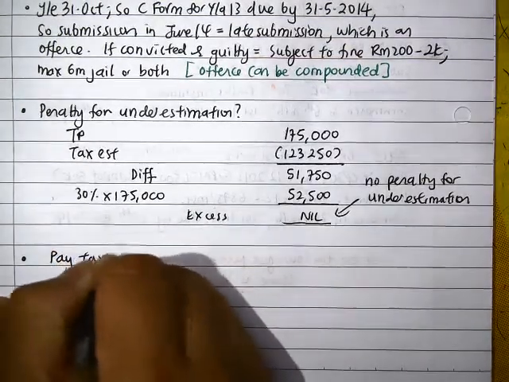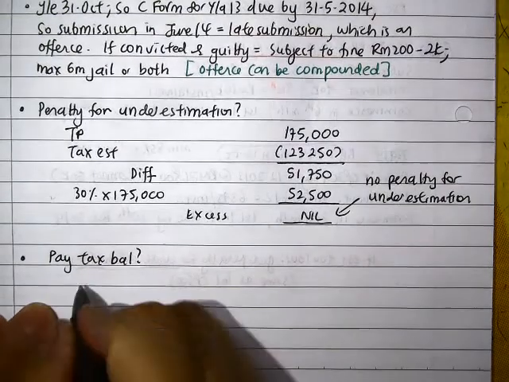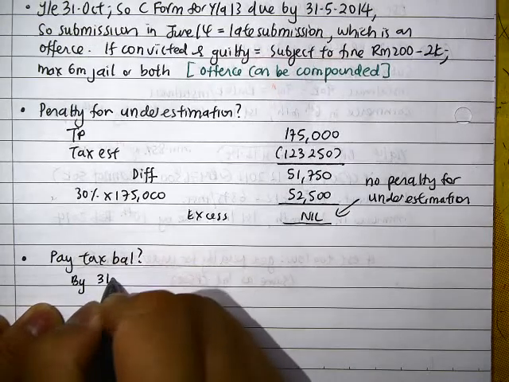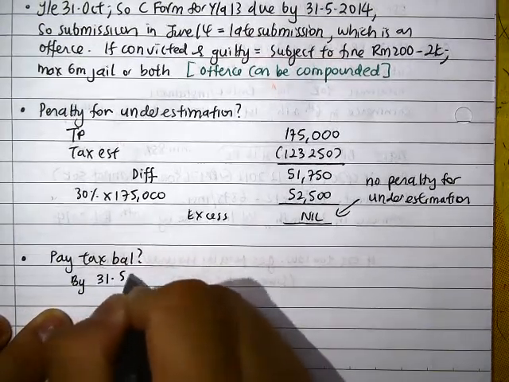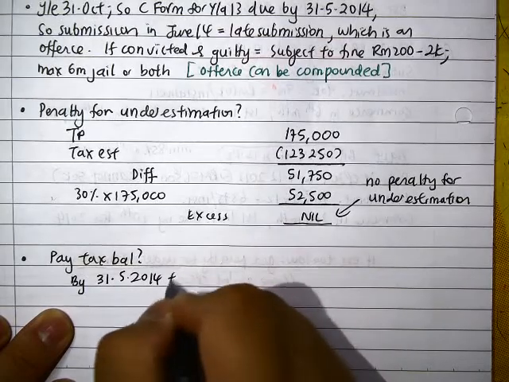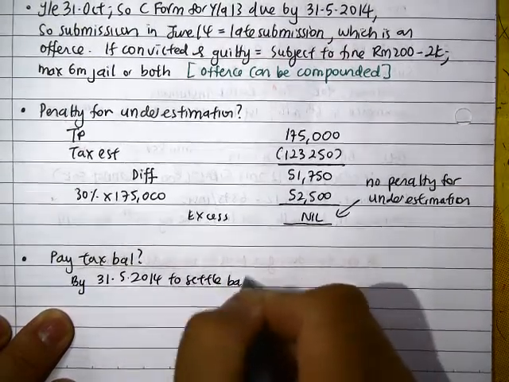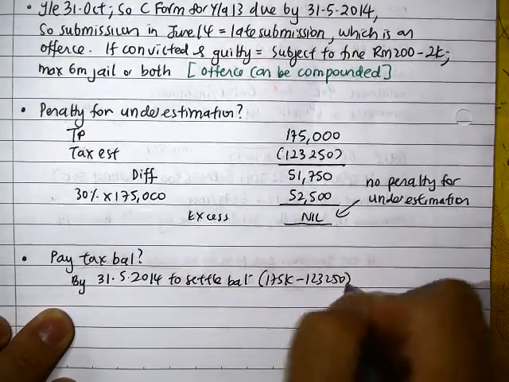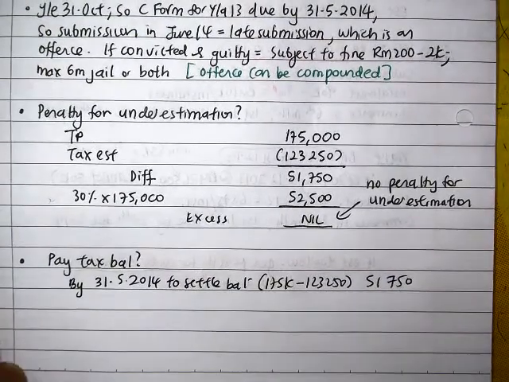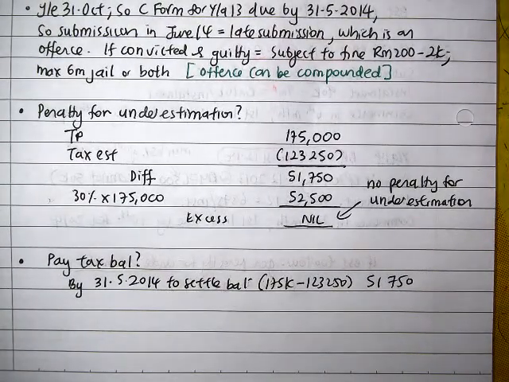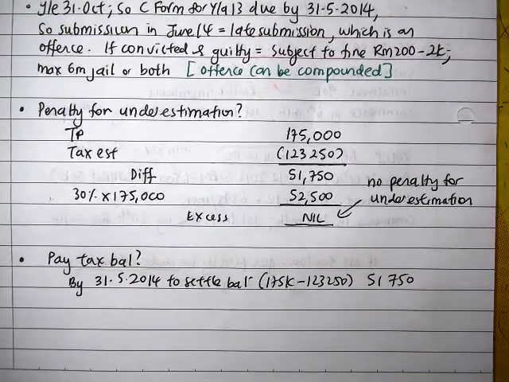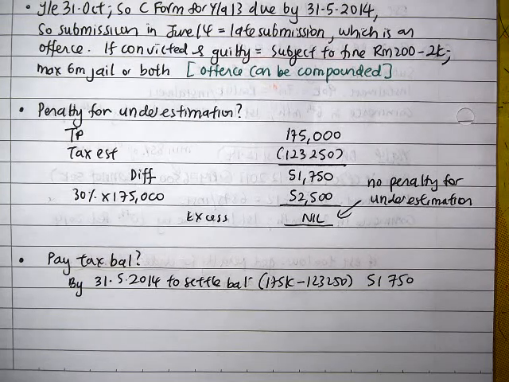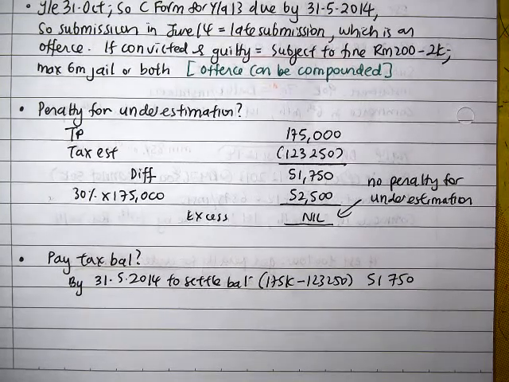You have to pay your tax balance by 31st May 2014 to settle the balance of 151,750. But the return form is only submitted in June. Chances are you will pay late also.